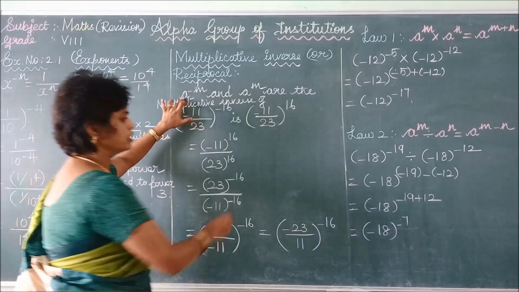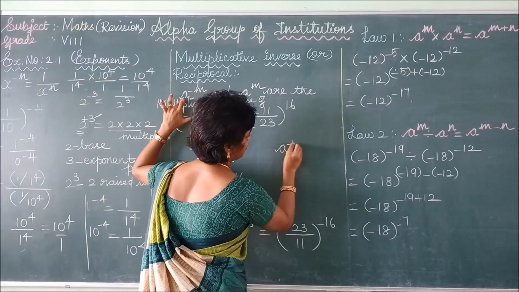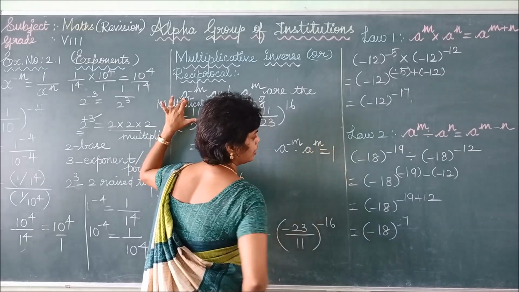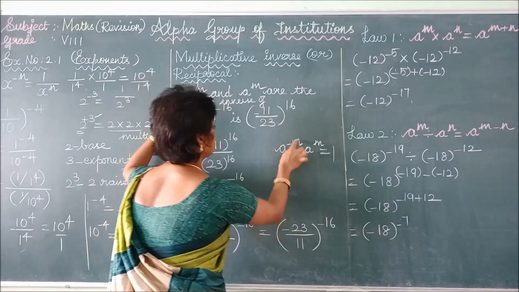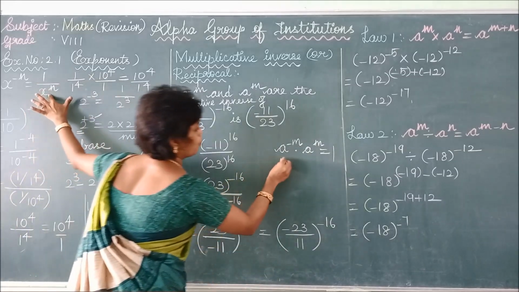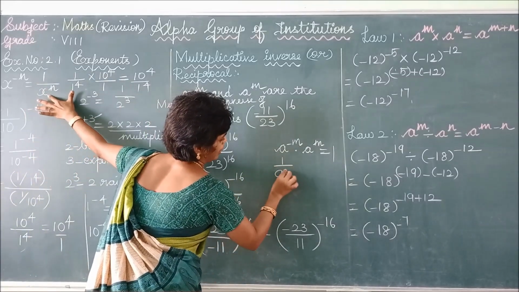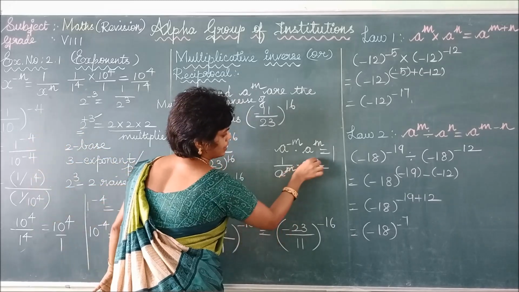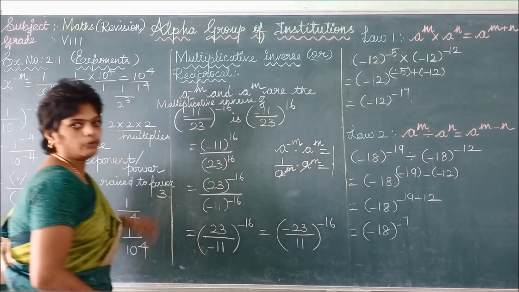What is multiplicative inverse? That means a power minus m into a power m is equal to 1, which is the identity. So you can change and write using this value: 1 divided by a power m, and a power m. If you cancel these two, you will get the value as 1.